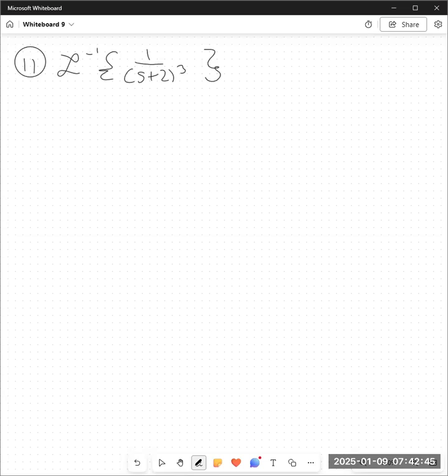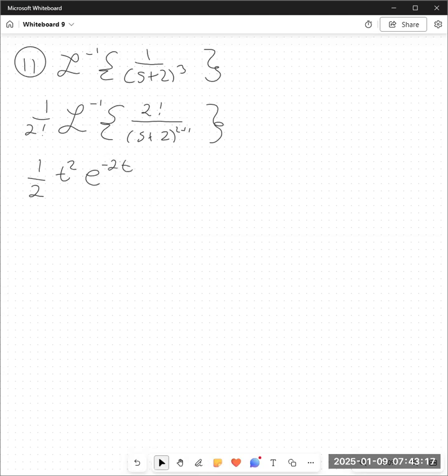I need a 1 over 2 factorial, inverse Laplace, 2 factorial over s plus 2 to the 2 plus 1 is the rule that I need to be looking at. So 1 over 2 factorial is 1/2. And then this is going to come out to be t squared e to the negative 2t.